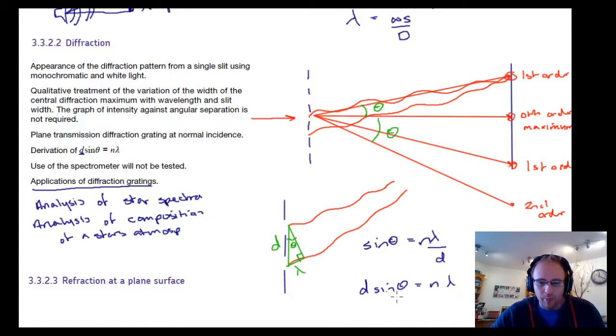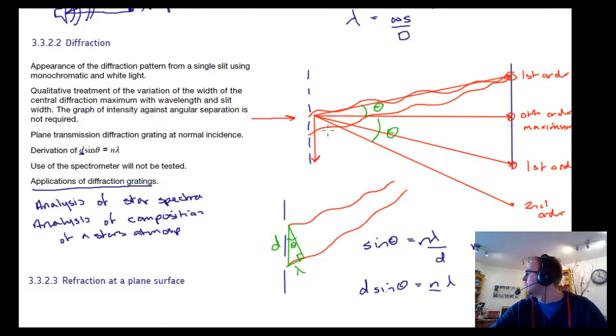Now, we only get a certain number of orders, or a certain number of maxima, and n will tell us how many we're allowed. If we say n max equals, then we can't have any orders which are past 90 degrees.